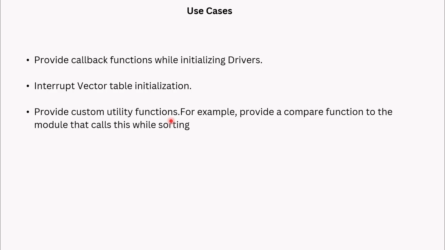You can provide a compare function, to say how to compare. Let's say you want to sort objects of your structure, and you need to tell how to compare two objects of it. Then you can provide a compare function on your own, so that it will be called during the sorting. So these are the main use cases of function pointers.